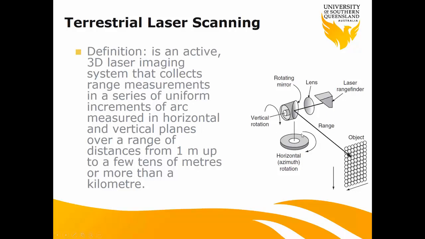We rotate the instrument along the vertical axis, and at the same time we also use this rotating mirror to rotate along the horizontal axis, so we can get the returned laser points from different directions and different areas. The range can be from 1 meter to 1 kilometer, or even several kilometers, depending on the laser scanner you use.